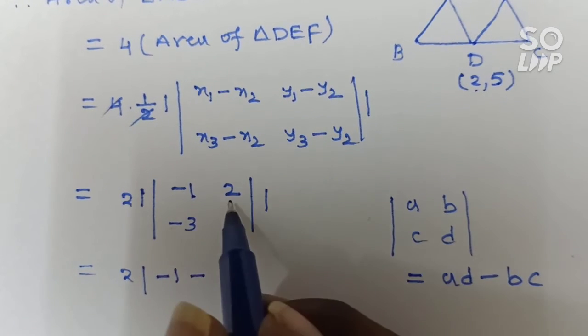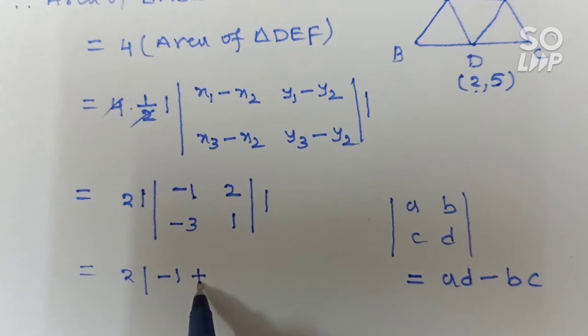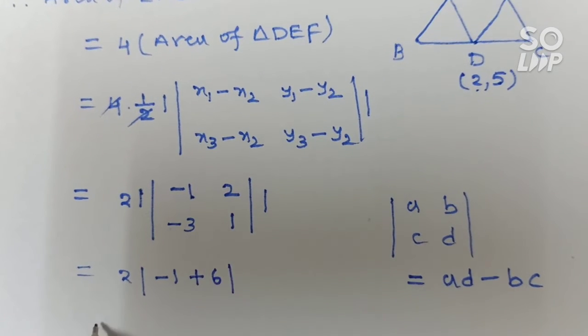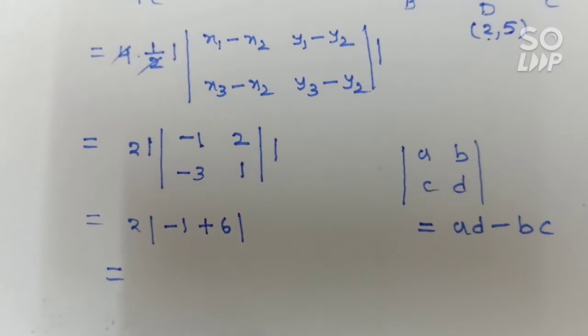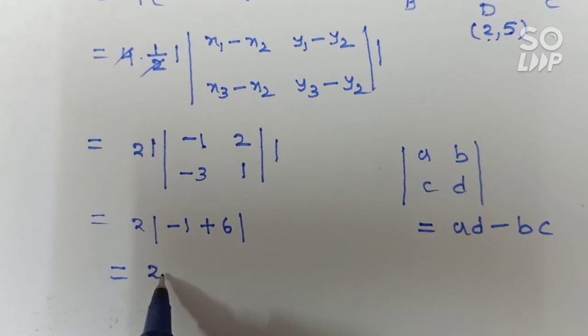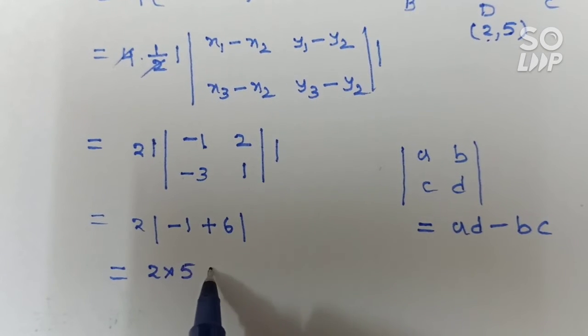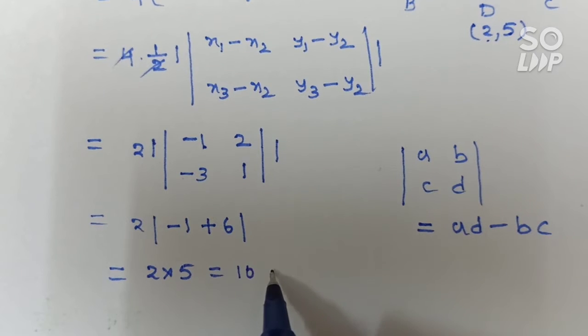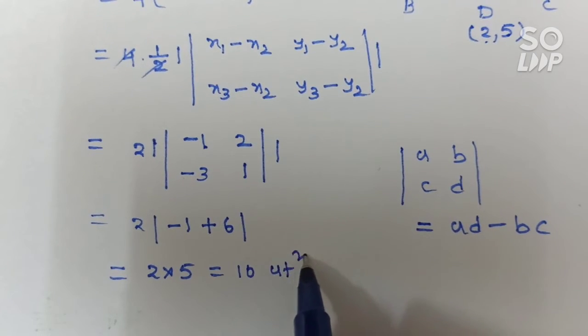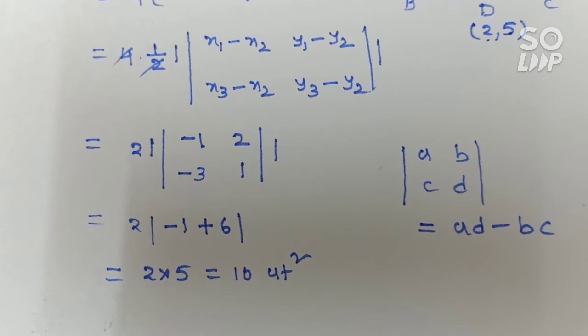Next, minus B into C is minus 6, that is plus 6. That is equal to 2 times 5, which is 10 square units. So the area of triangle ABC is equal to 10 square units.